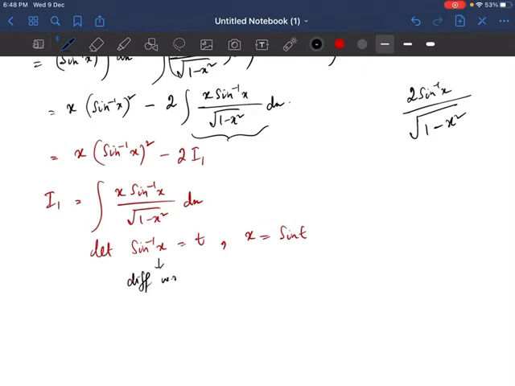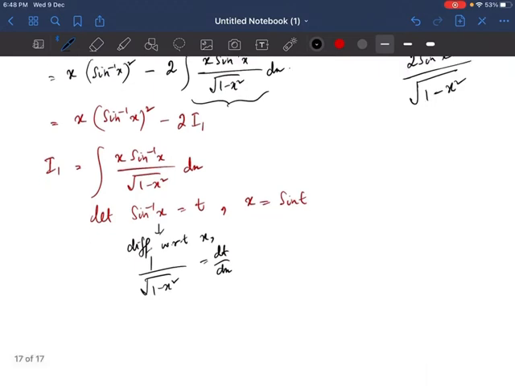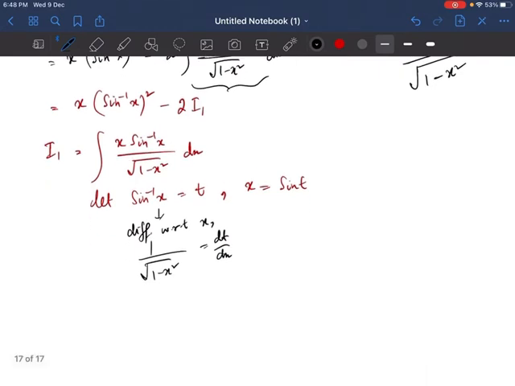Differentiating with respect to x, we get 1 by root over of 1 minus x square equal to dt by dx. Therefore dx becomes root over 1 minus x square dt. This is what our dx becomes.